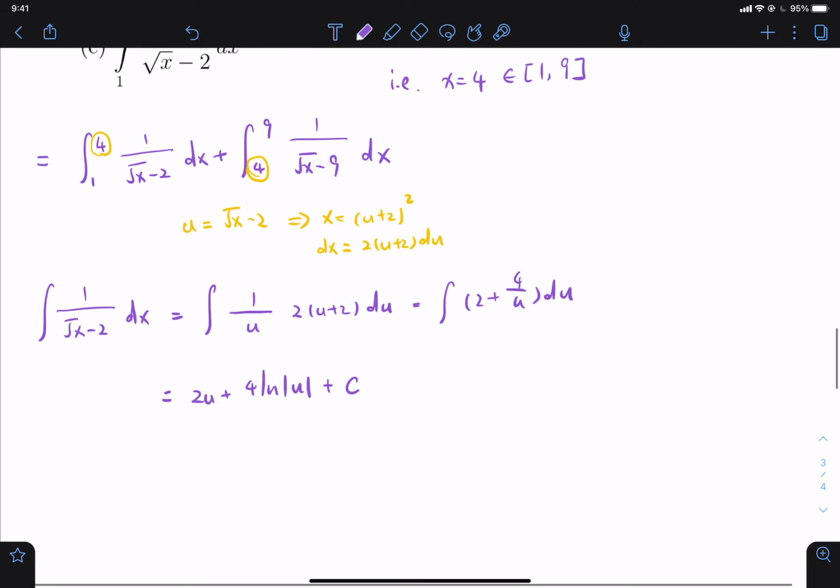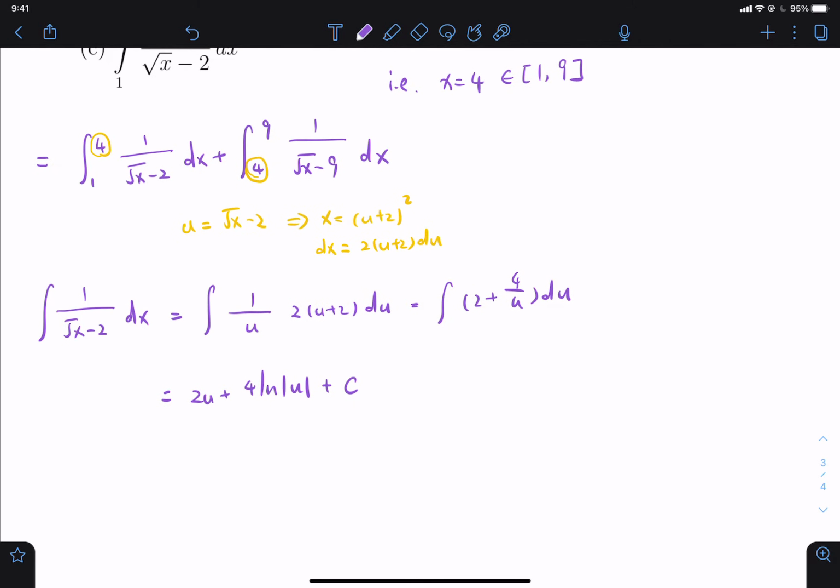And we are going to substitute back the u with square root of x minus 2, and it finally becomes 2 times square root of x minus 2 plus 4 ln of square root of x minus 2, right? And plus c, where c is any real numbers.